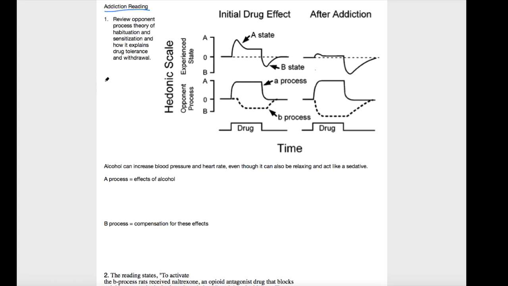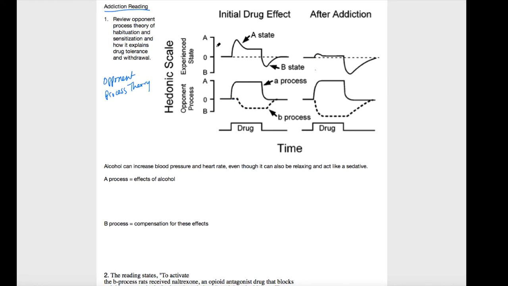We're going to look at the opponent process theory, which we see here, and then we'll also look at basic classical conditioning. So we're going to examine how both of those affect behavior and cognitions and so on and craving during addiction.